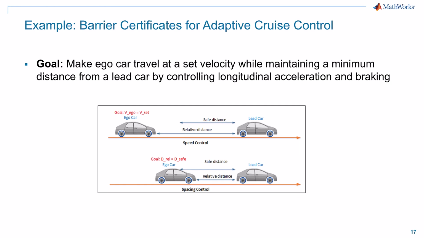Now, let's walk through an adaptive cruise control example and see how assurance mechanisms can help enforce design constraints. The goal here is for the ego car to travel at a set velocity while maintaining a minimum distance from the lead car using longitudinal acceleration and braking.